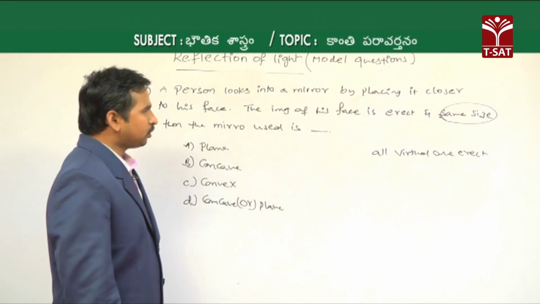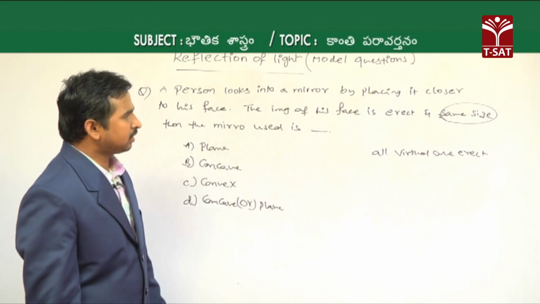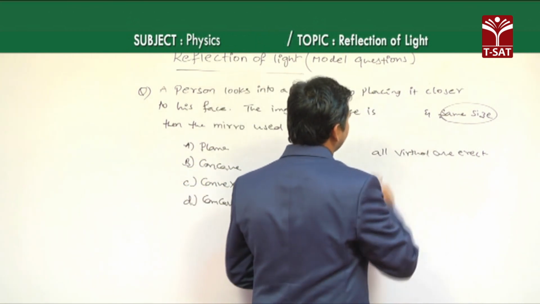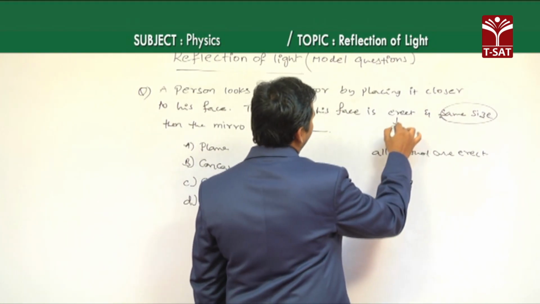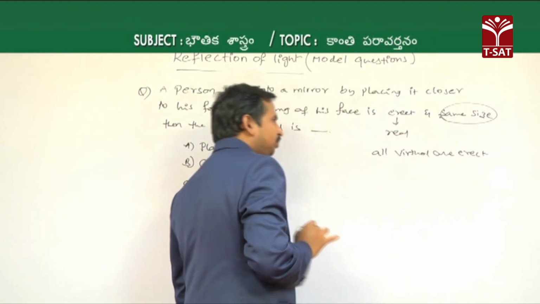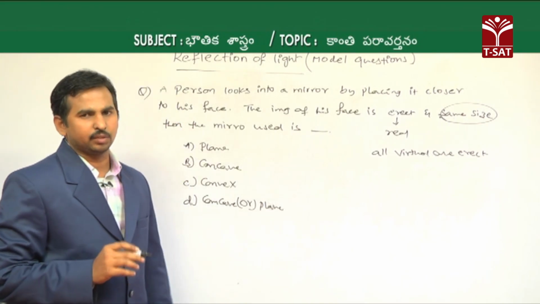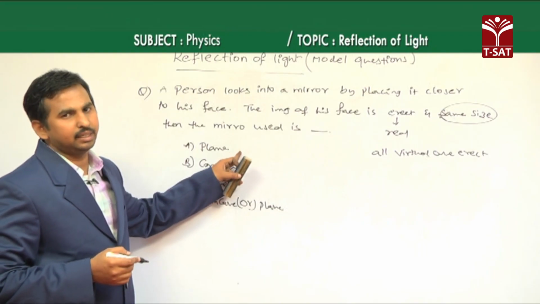But if the same question asks that the image of his face is real and of the same size, for example, in place of erect they give real and same size, then obviously we know that a plane mirror cannot form a real and same size image.